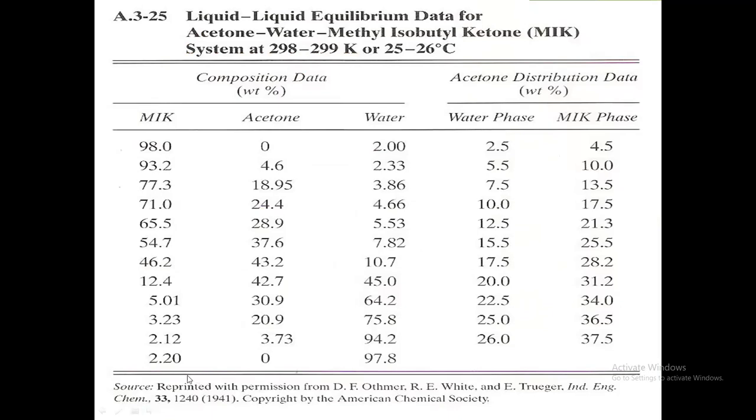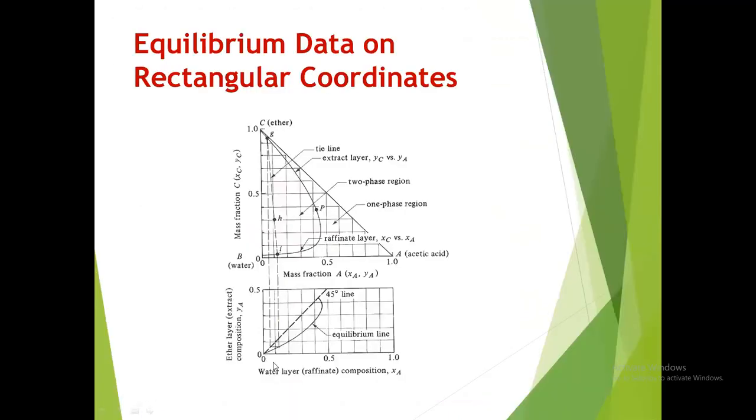These two columns will be utilized in plotting this curve here. The equilibrium curve, horizontal is the raffinate composition, so your composition in the water layer, and the vertical axis is your composition of A in the solvent layer or in the ether layer.